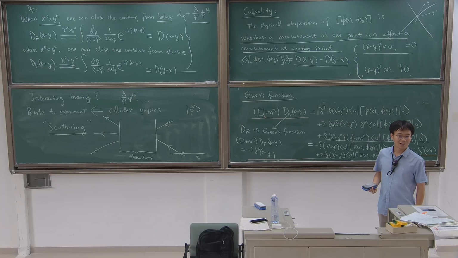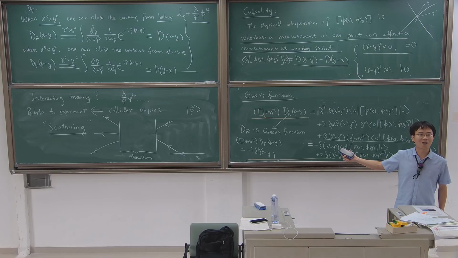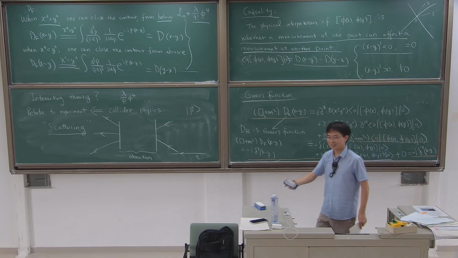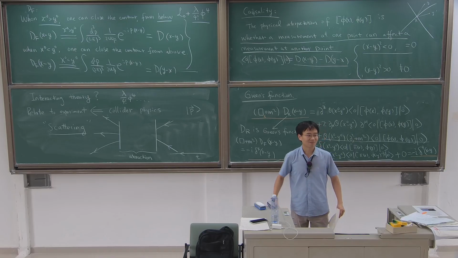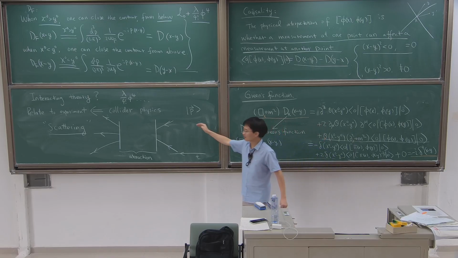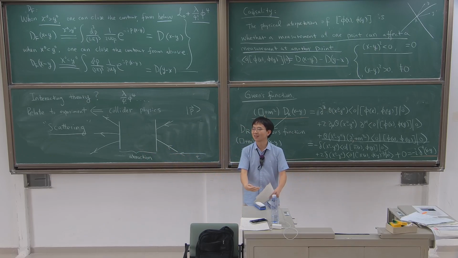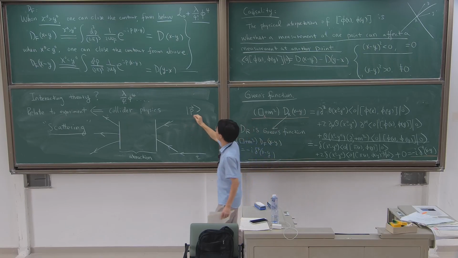By the way, this process is trivial if the theory is free. That's why we designed this setup for understanding the interacting theory. You can imagine, right? If the theory is free, what will happen? What is the income and what is the outcome? Because everything passes through each other.